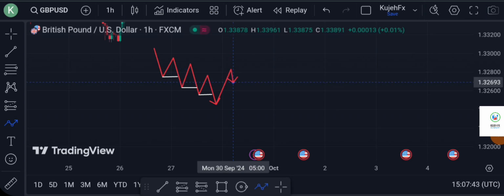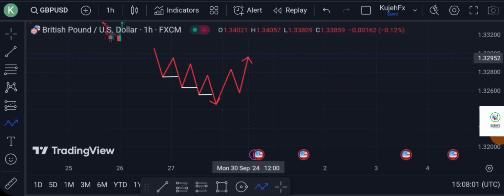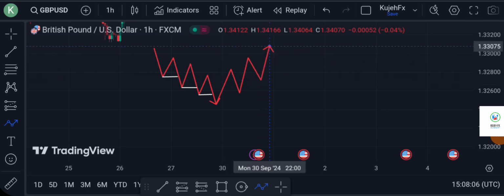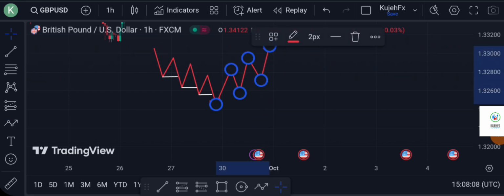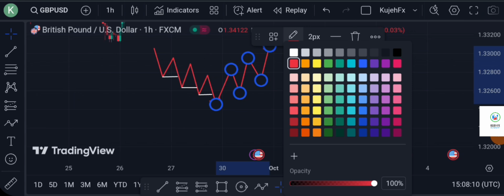The market creates a higher low, because in an uptrend we have higher lows and higher highs. Since the market has given us a change in direction, it will create a higher low and go up to create a higher high, create another higher low and go up again. When this happens, the market is going bullish.